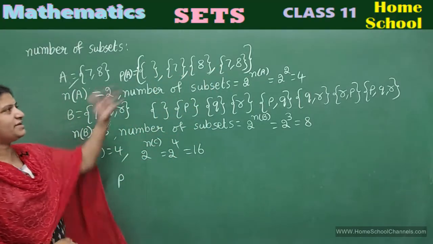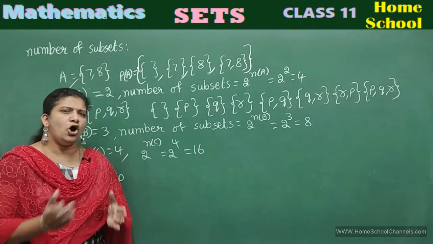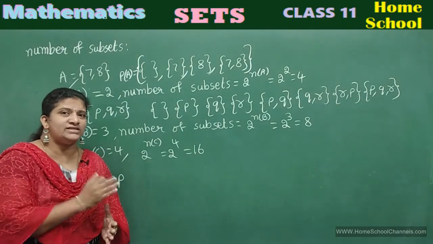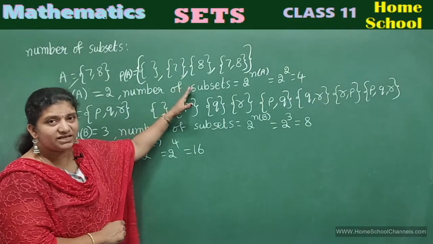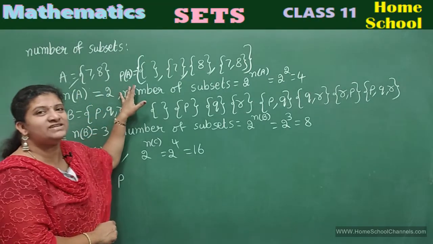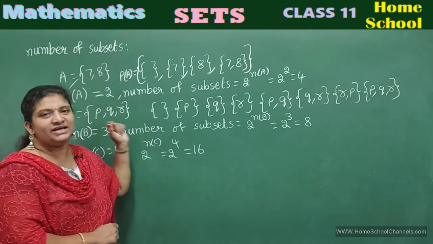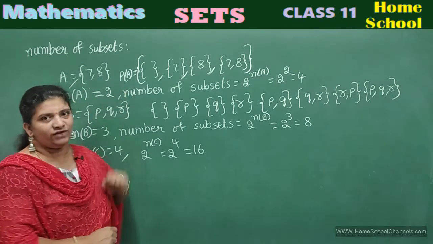This is a power set. A power set contains all the subsets of a set. The collection of all the subsets of a set A is called the power set of A. It is represented by the letter P, power set of A.